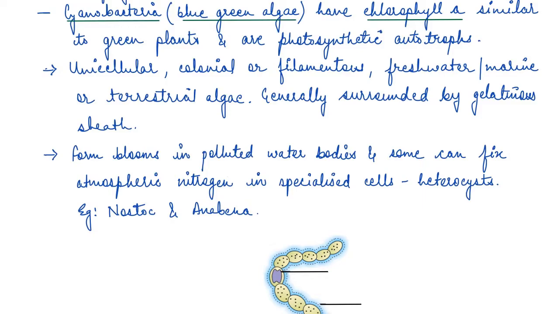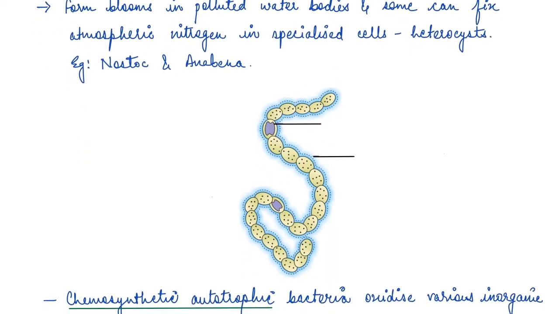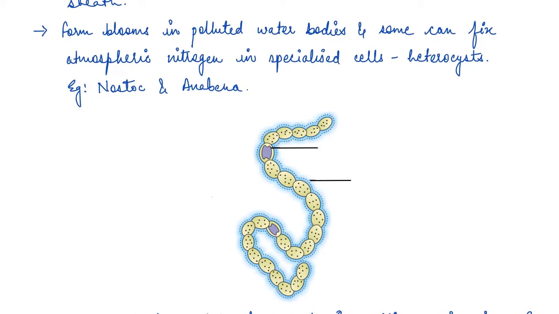And here you will find an example of eubacteria, which is Nostoc. This is a diagram of Nostoc, which is a filamentous blue-green algae.